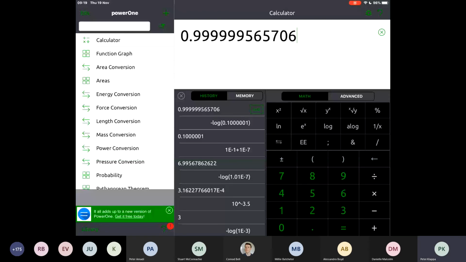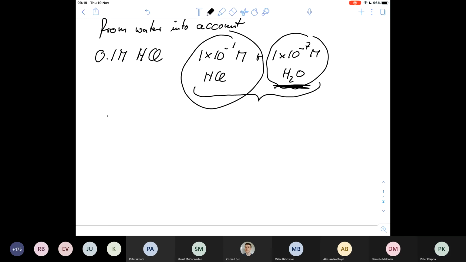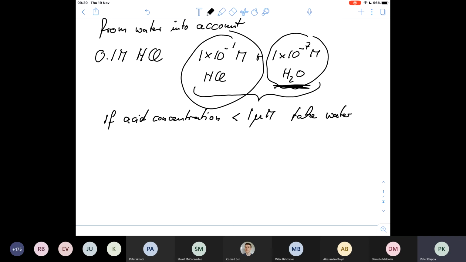It's a little bit lower than 1, but we would usually not notice that. So the take-home message is, if the acid concentration is lower than, I would say, probably 1 micromolar, take the water protons into account.